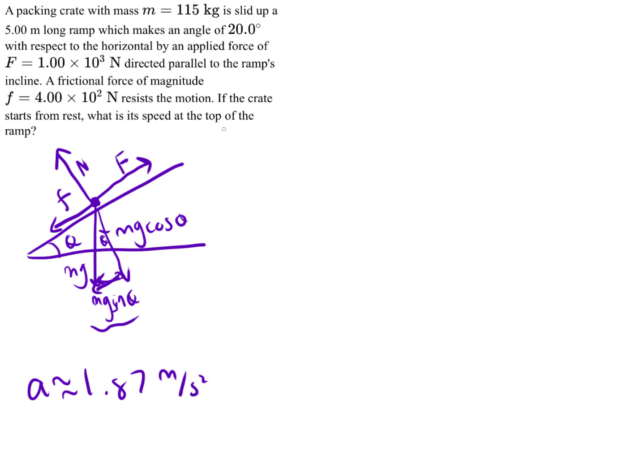Now we just need to figure out the speed at the top of the ramp. To do that, we can use our kinematic equations, as we know that it is slid up a 5-meter ramp. So we have enough variables for at least one of them. We have that the displacement is equal to the initial velocity times time plus 1/2 times the acceleration times time squared.